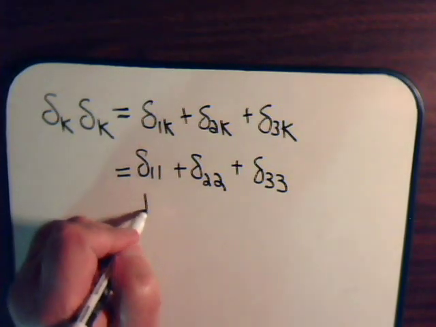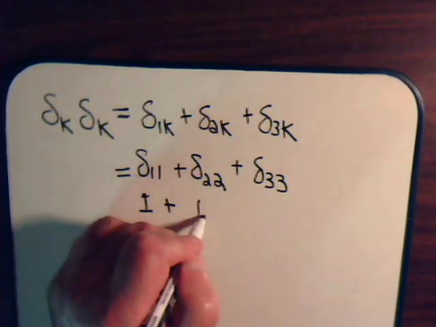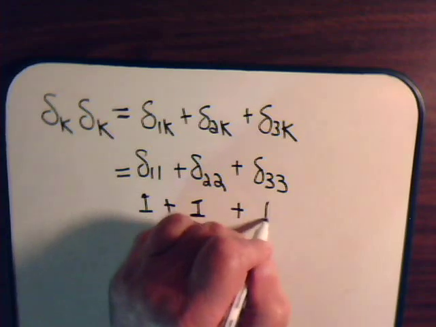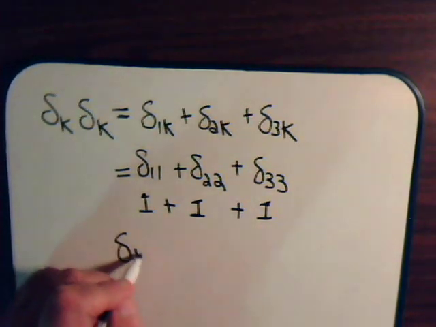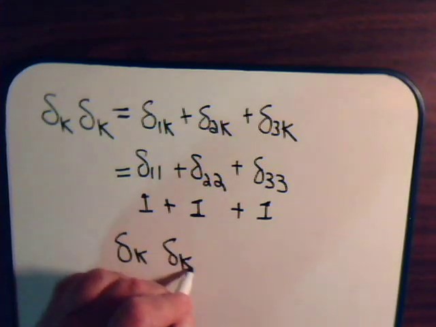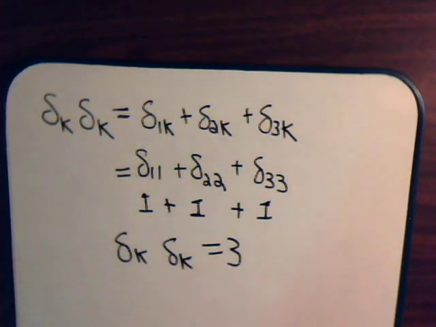So this of course is 1, this is 1, and this is 1. So delta kk equals 3. And we will encounter this expression in future videos.